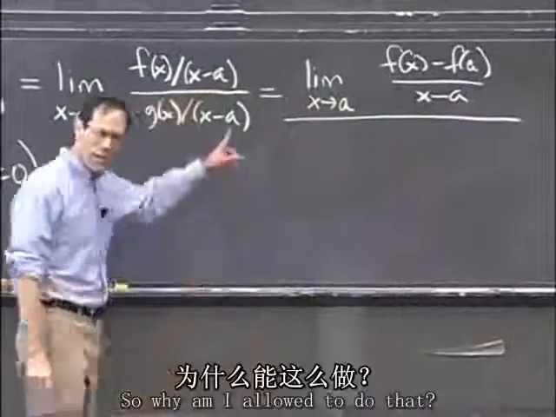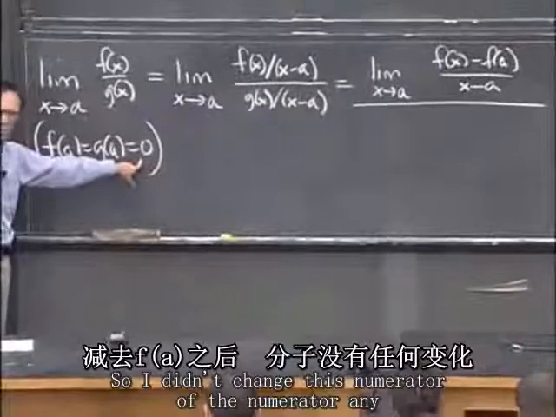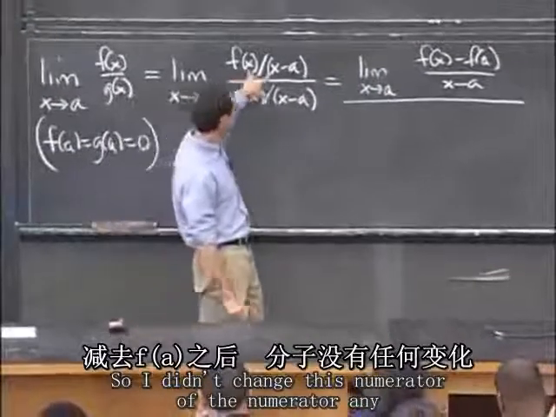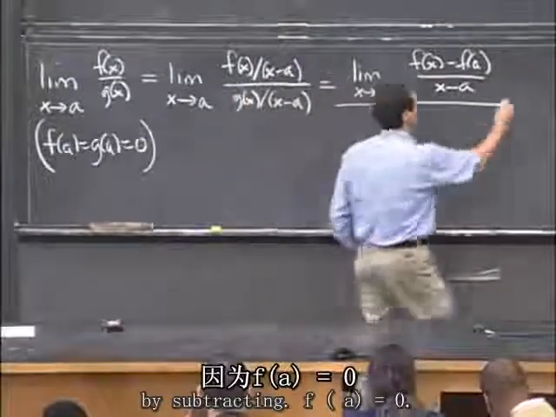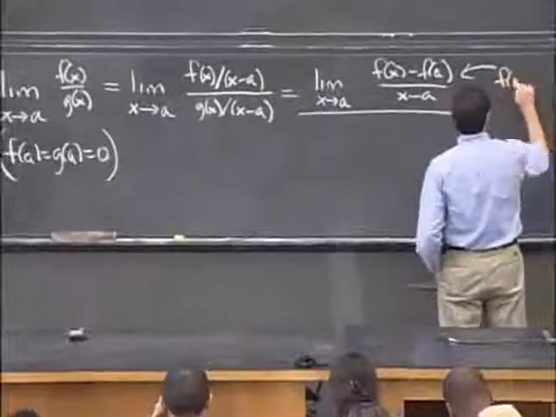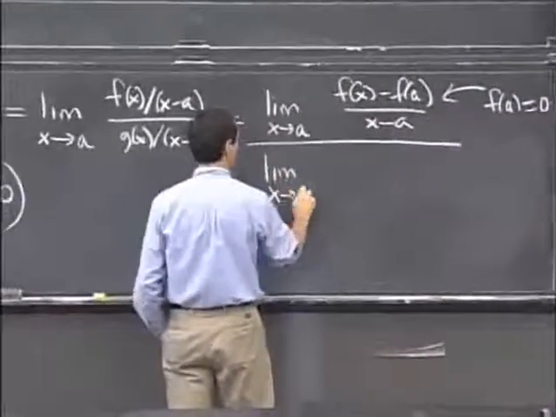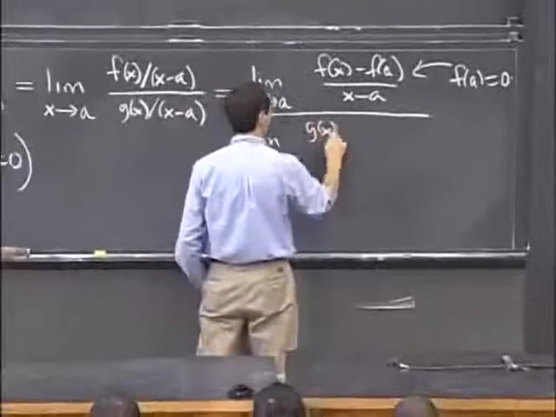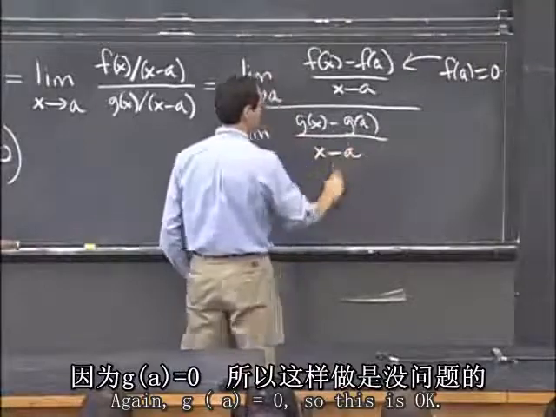So why am I allowed to do that? That's because f of a is 0. So I didn't change the numerator any by subtracting that. f of a is equal to 0. And I'll do the same thing in the denominator. Again, g of a is 0, so this is OK.